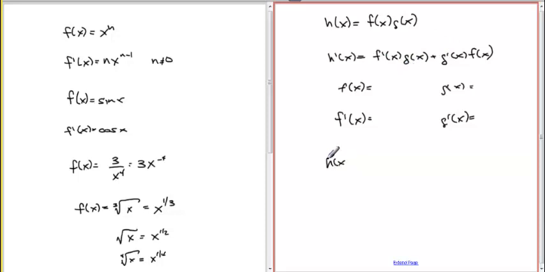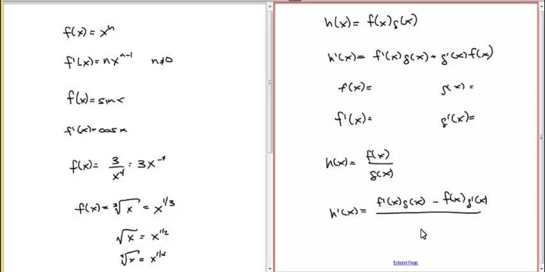So if h of x is f of x divided by g of x, then h prime of x is going to be f prime of x times g of x minus f of x times g prime of x, all divided by g of x quantity squared.